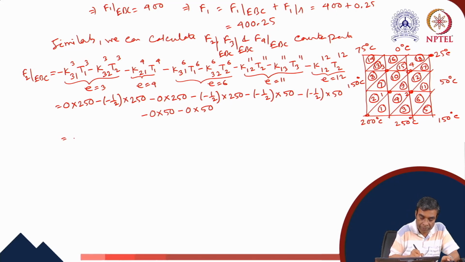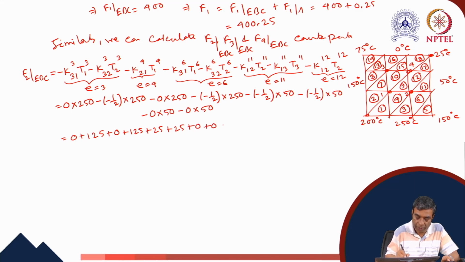So this gives us 0 plus 125 plus 0 plus 125 plus 25 plus 25 plus 0 plus 0, so this is 300.